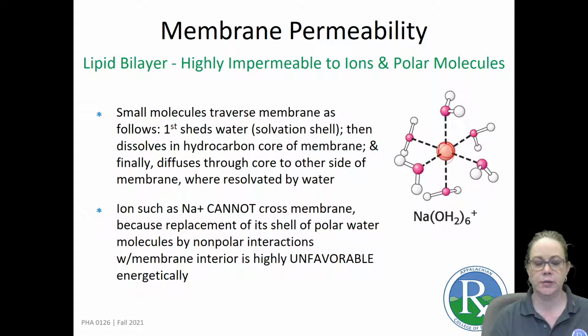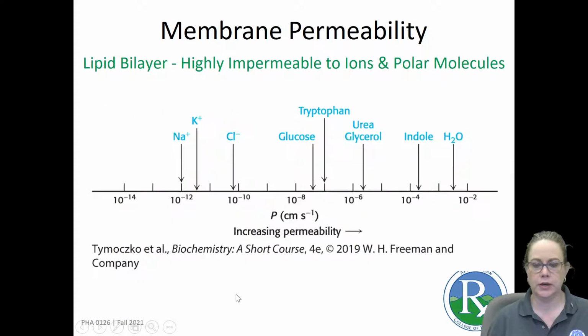So it's going to shed the water, then get into the membrane, and once it gets through to the other side, it will be resolvated by water, which will once again surround the sodium. Ions have a lot of trouble because replacing the shell of polar water molecules with nonpolar interactions within the core of the membrane is very unfavorable energetically. We'll look at that more closely in class.